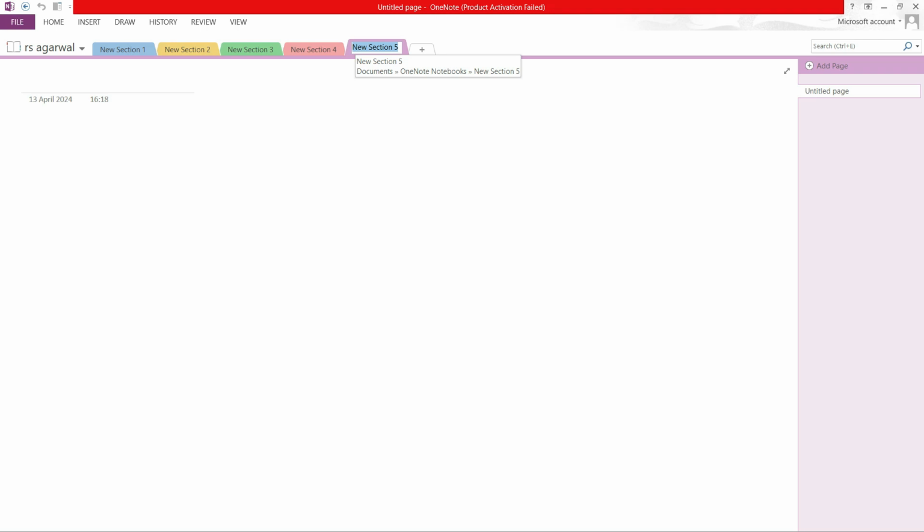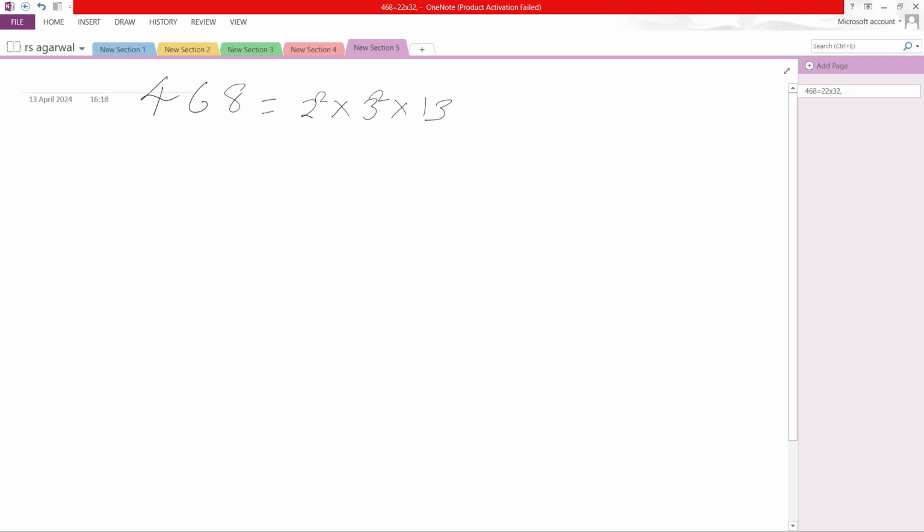Since it is asking about the smallest number, we'll go for the LCM. 468 equals 2 square into 3 square into 13. After that, 520 equals 2 cube into 5 into 13.